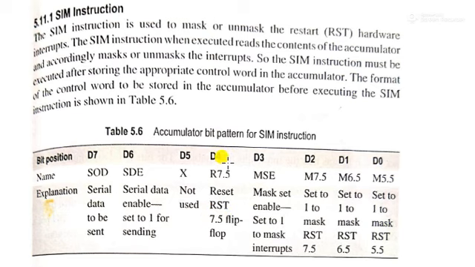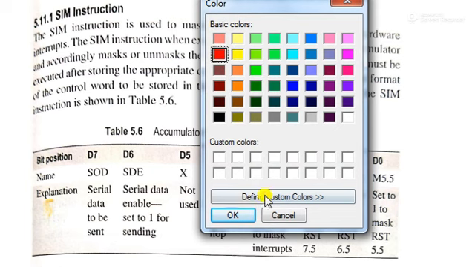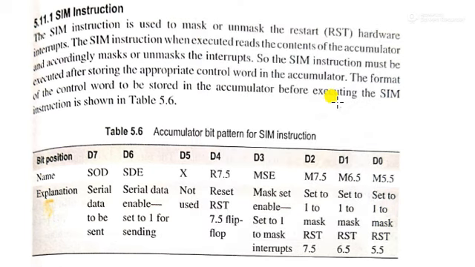Let us take a small example, it will be clear to all. Suppose it is 0, 1, 1, 1 and 0. Here the D0 bit is 0, that means RST 5.5 is allowed, it is unmasked. The D1 bit is 1, that means RST 6.5 is masked, not allowed.